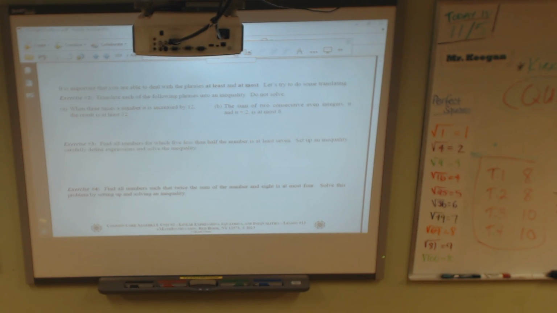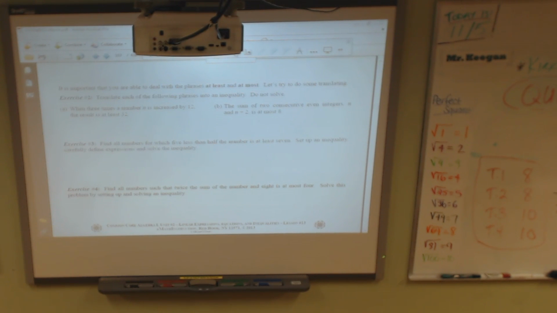Just cross that out and put what the right thing should be up there. Neatness doesn't count, all right? Twice the sum. This whole thing is the sum, right? Yeah, parentheses. Go back.